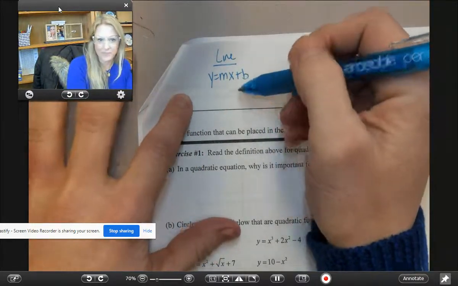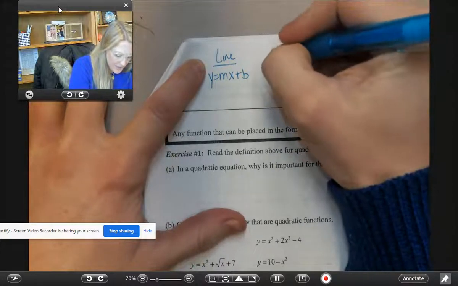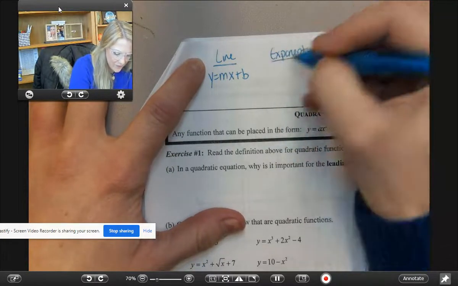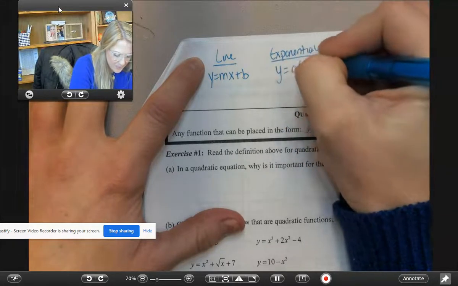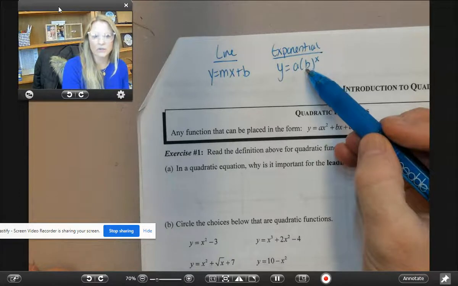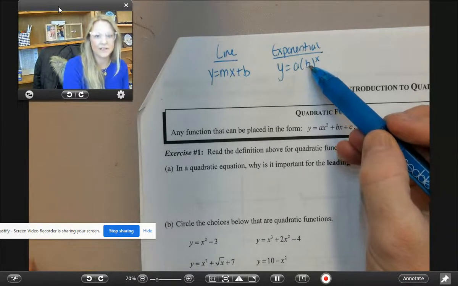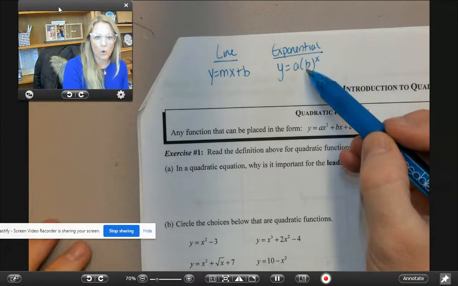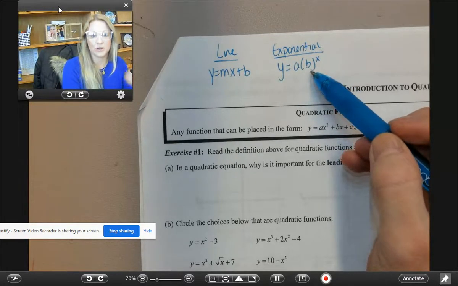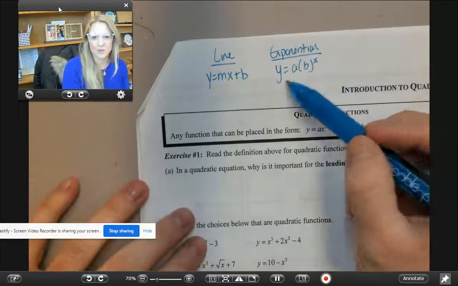For exponential functions, we memorized the equation y equals a times b to the x. Either this could represent a doubling, a tripling, or halving, and putting those numbers in here, or if it's a percent, we had to change it to a decimal and either add it to 1 or subtract it from 1. Okay, so you remember those, right?